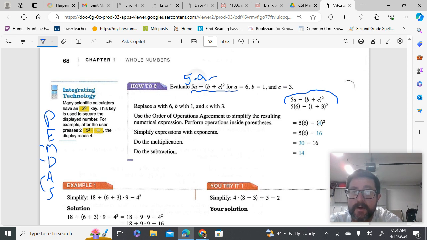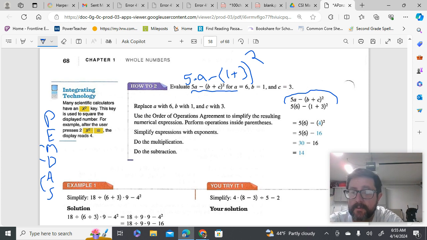5, and I use the dot for times because we don't want to put an x in because x would be confusing, minus, what's b? B equals 1 plus c. What does c equal? C equals 3, and then we go squared.